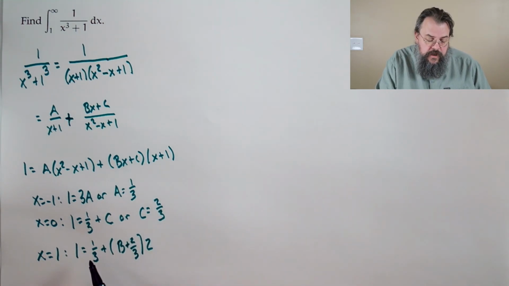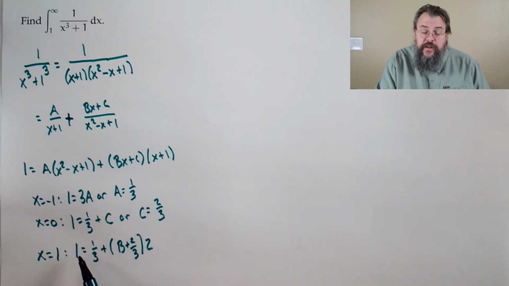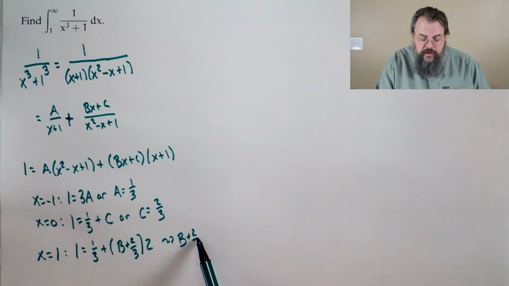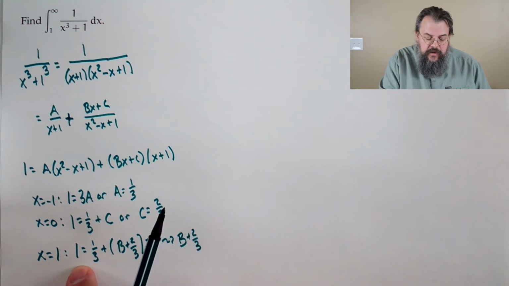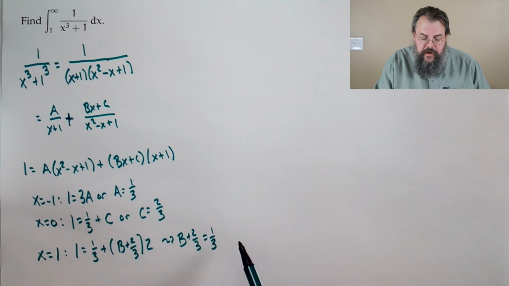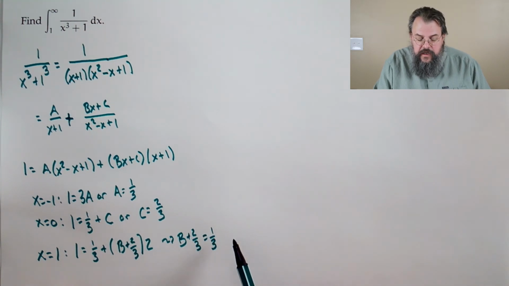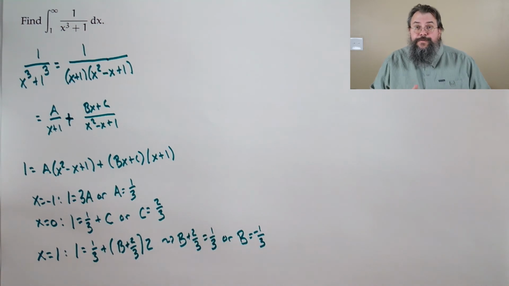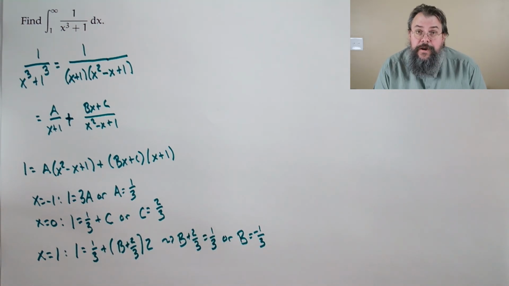Well, okay, so what can we do? Well, if you subtract 1/3 and divide by 2, that tells you that b plus 2/3. So if you subtract, that's 2/3 divided by 2 is 1/3. Or you can say, hey, that says that subtracting 2/3, b is minus 1/3. All right, so b is minus 1/3.